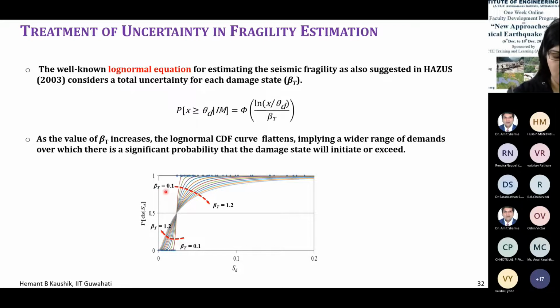So when we vary the uncertainty from 0.1 to 1.2, we get so much of variation in the seismic fragility. Okay, so this is the seismic fragility estimated as probability of exceedance of a certain damage state, considering the spectral displacement as the demand. So there's a huge variation. That is why we must understand for what level of uncertainty we have to plot this seismic fragility.